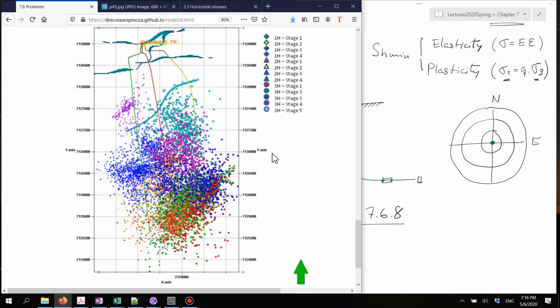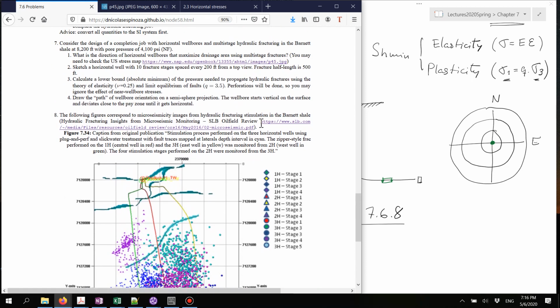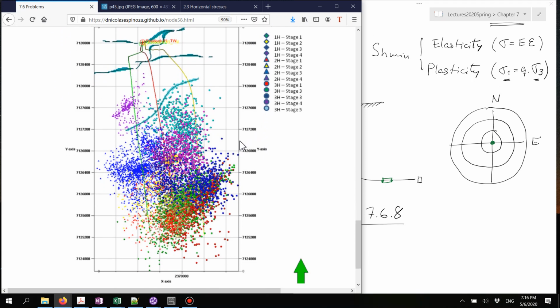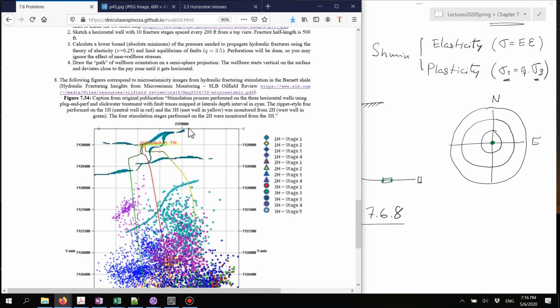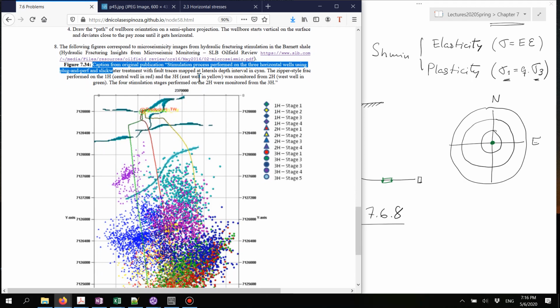Here I have one example that I took from a publication that I encourage you to read if you are interested in microseismicity, in which we have a path on surface, and on the surface we have the wellbores going from vertical to horizontal, and we have three wellbores: the green one, the red, and the yellow. Here in the caption you have more details about which is which, and a little more information about the fracturing. For example, this was done with zipper style.